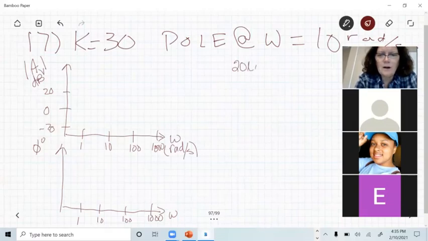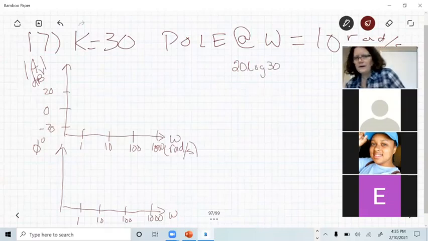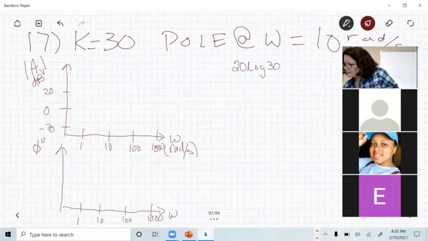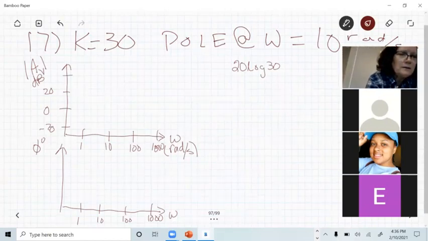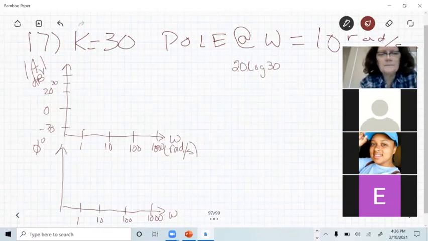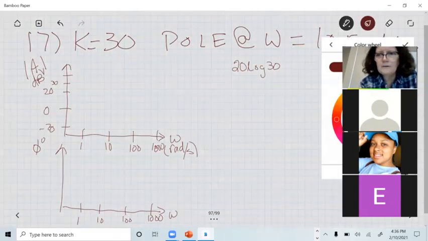So 20 log of 30. 20 log of 30 is about 36 dB. No, it's 29.5 dB. So it's a little less than 30.